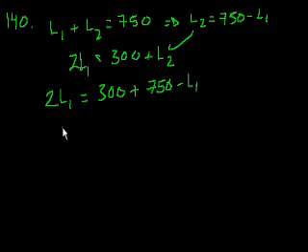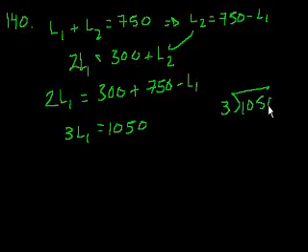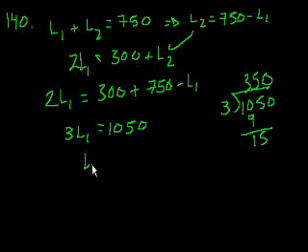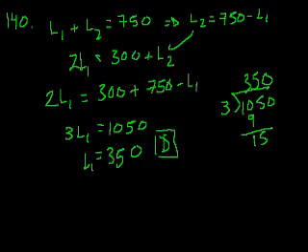Add L1 to both sides, you get 3L1 is equal to 300 plus 750. That's 1050. And 3 goes into 1050. 3 times 3 is 9, 15. 3 goes into 15 5 times, so it's 350. So his first lift was 350 pounds. And that's choice D.